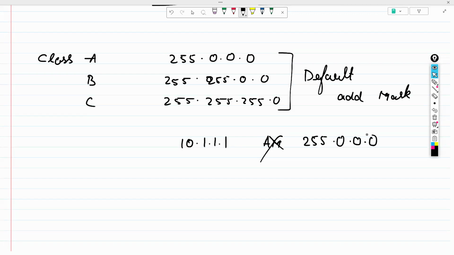Earlier, they did not have this capability to understand that this is a class A IP address. Now they have been programmed. If they see a number between 0 to 126, and there is no address mask written after this IP address, they will automatically assume that the address mask is 255.0.0.0.